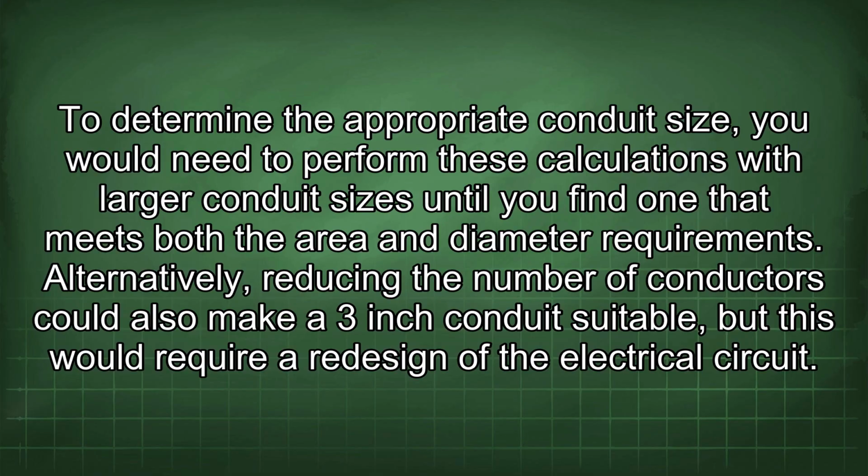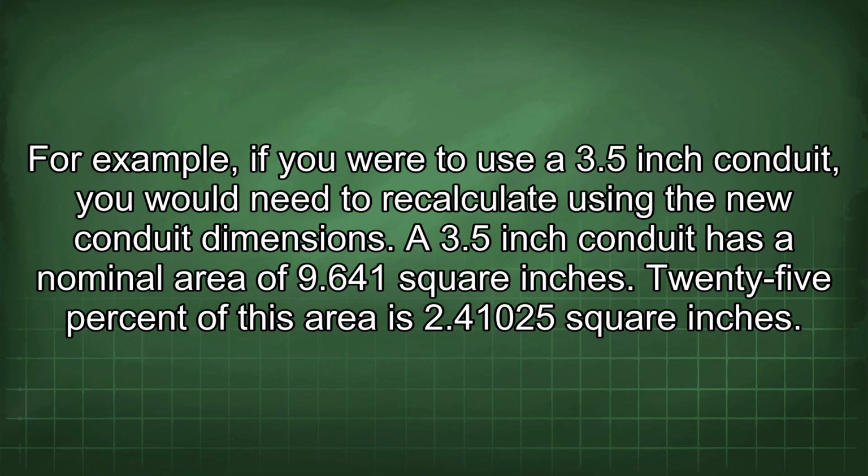Alternatively, reducing the number of conductors could also make a 3-inch conduit suitable, but this would require a redesign of the electrical circuit. For example, if you were to use a 3.5-inch conduit, you would need to recalculate using the new conduit dimensions. A 3.5-inch conduit has a nominal area of 9.621 square inches. 25% of this area is 2.40525 square inches.